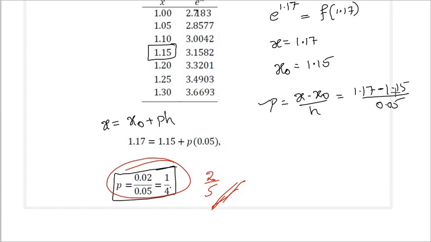We can observe one more thing here. This 1.17 is near to the middle value, and that is why we used the central difference formula here. You should simply solve the same problem using the backward formula also.